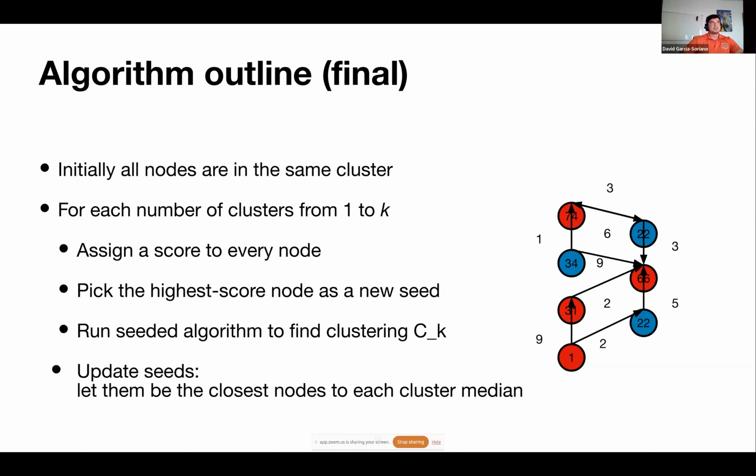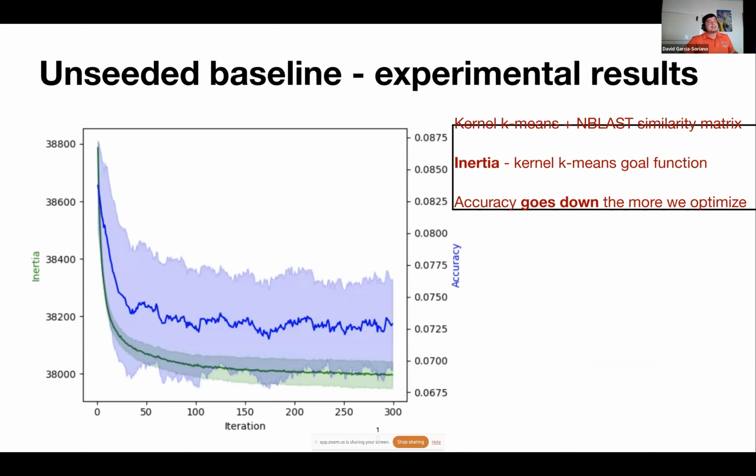Let me just briefly mention some of our experimental results. So first, since this is, to the best of our knowledge, the first algorithm to detect cell types automatically, there's no real good baseline to compare it to. But okay, we chose as a baseline for the unseeded algorithm the following method.